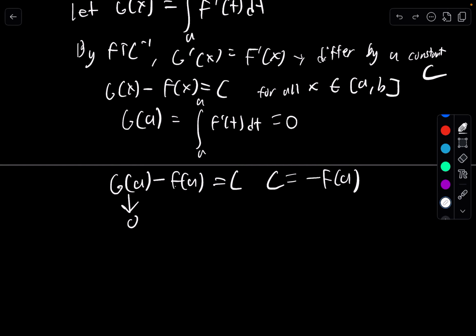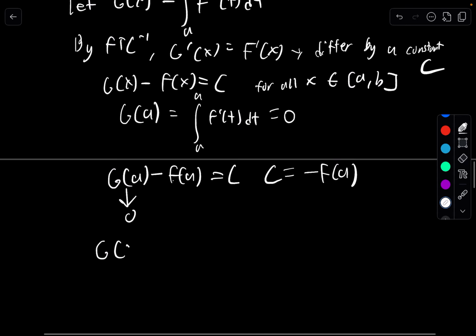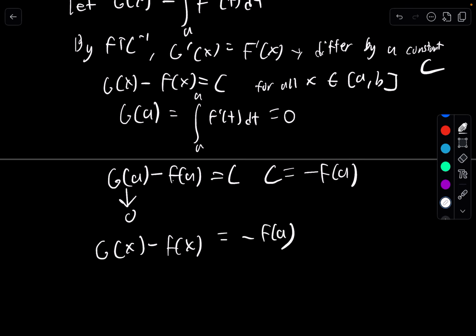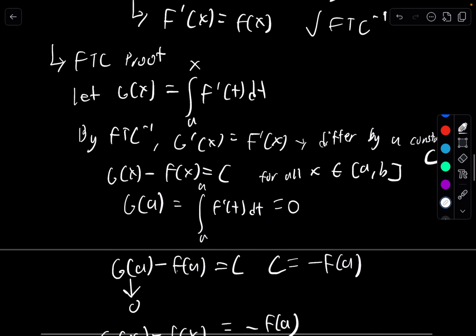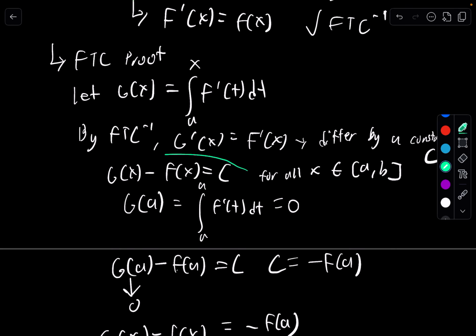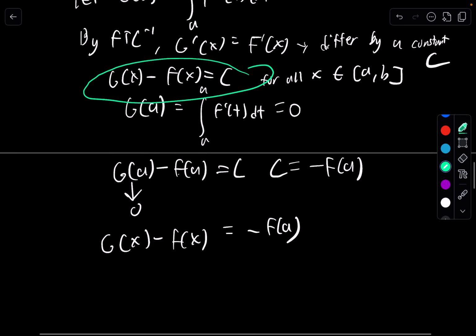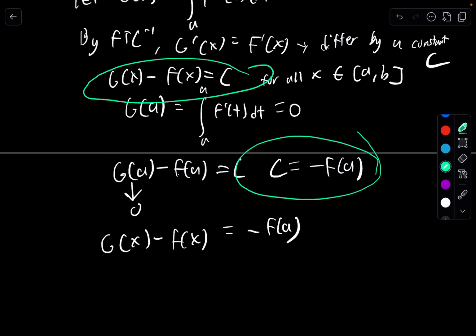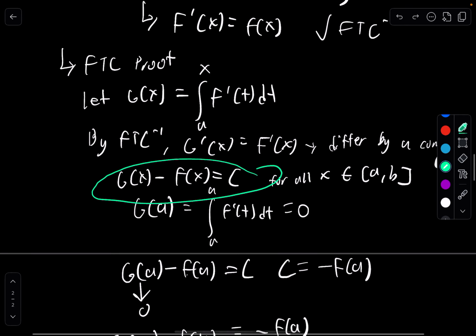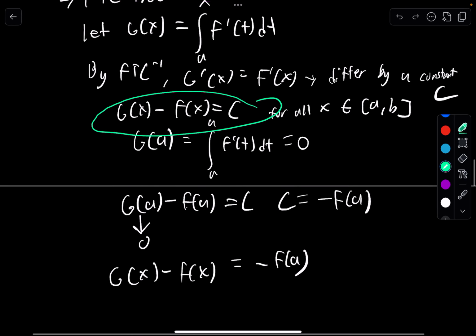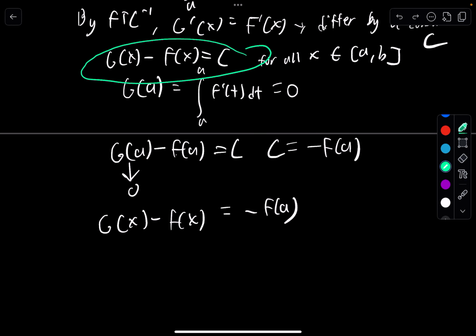So that means that g of x minus f of x is equal to negative f of a. Do you see where that came from? That came from the original statement we made over here. We said that they differ by a constant, and we figured out that constant was just negative f of a from the accumulation function that we defined earlier. Okay, so we're almost done.